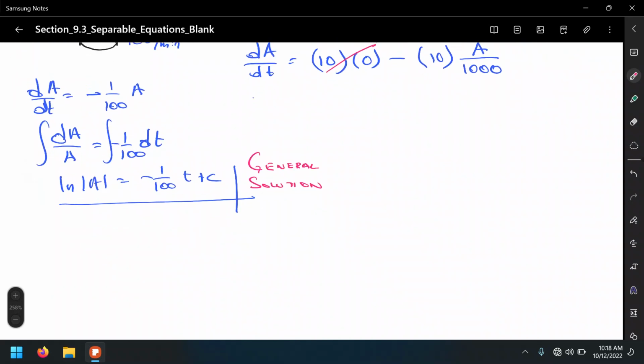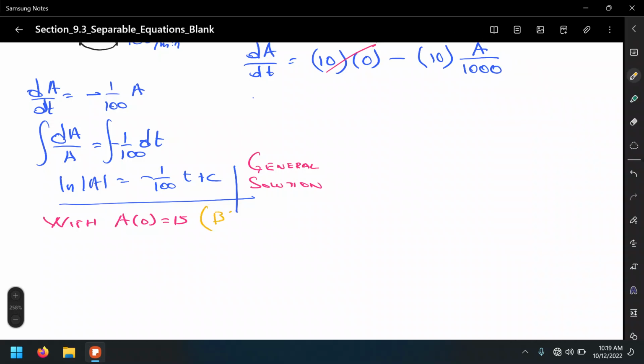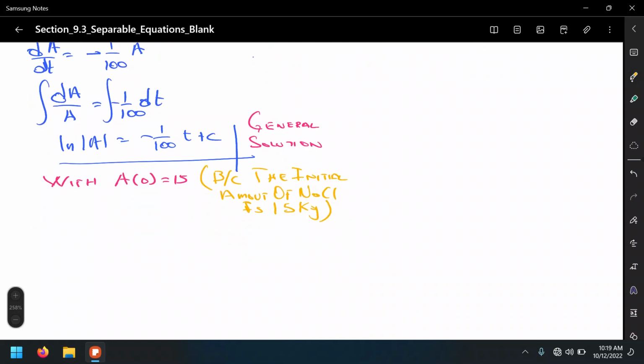So that means that in this case, A of 0 equals 15, and this is because the initial amount of salt is 15 kilograms. All right, so that's why.